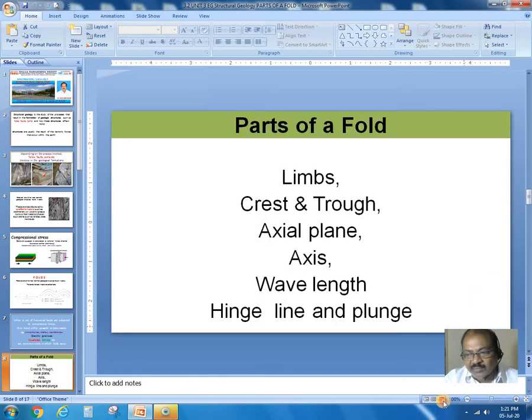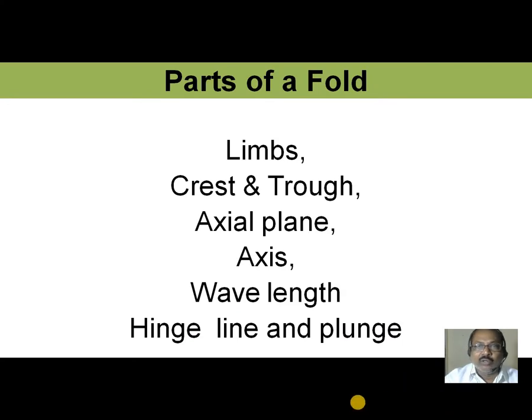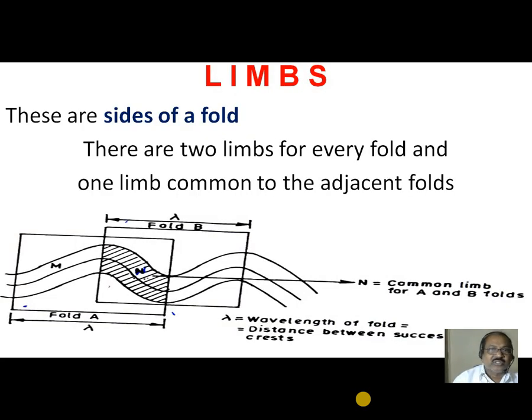Let us see the parts of a fold. A fold has a few parts which include limbs, crest and trough, axial plane, axis, wavelength, hinge line and plunge. Limbs are the sides of a fold.